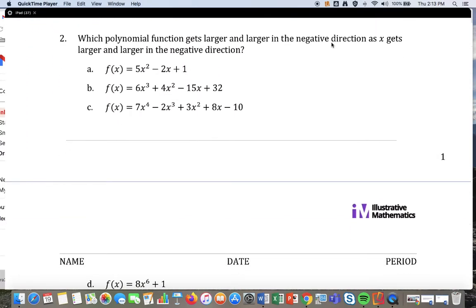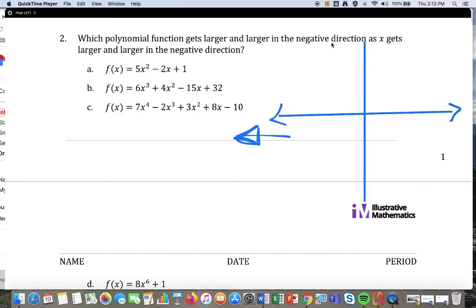Number 2 here: which polynomial function gets larger and larger in the negative direction as x gets larger and larger in the negative direction? So we're looking at something that as x gets larger and larger in the negative direction, this way, which of these functions gets negative? Which of the functions goes down on this side of the y-axis?